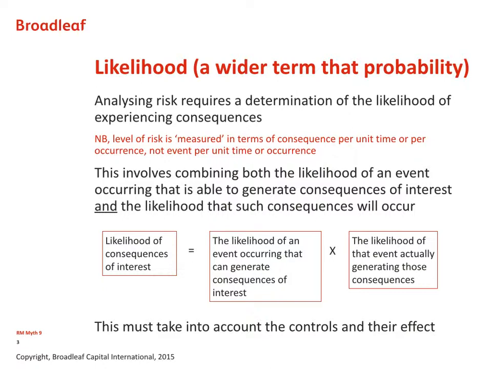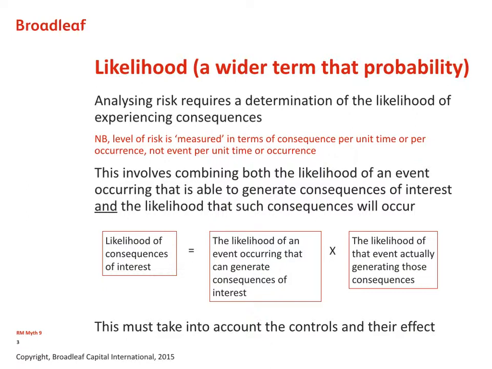That is the role of controls, to modify risk by interacting with the likelihood of the event, the likelihood of the consequences given the event, and the consequence type and their magnitude.